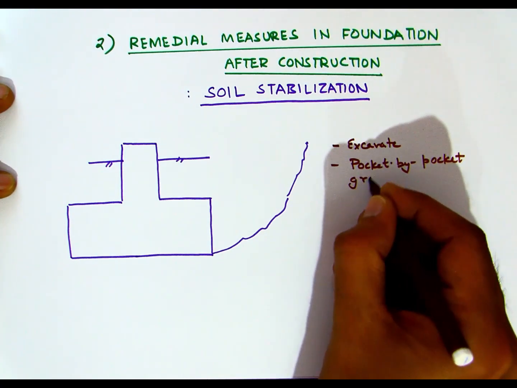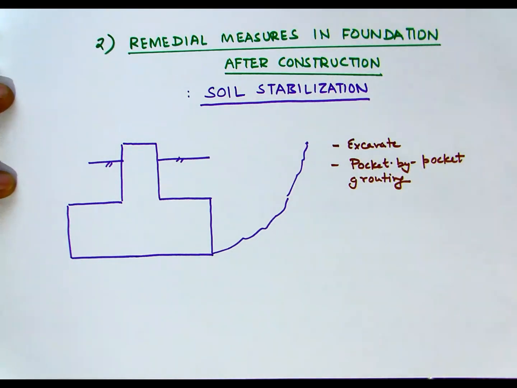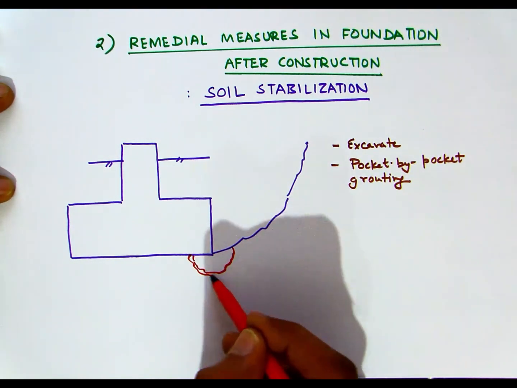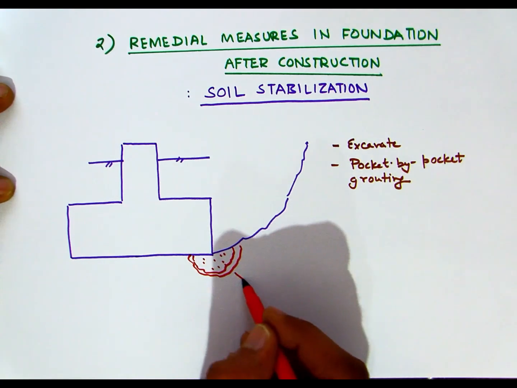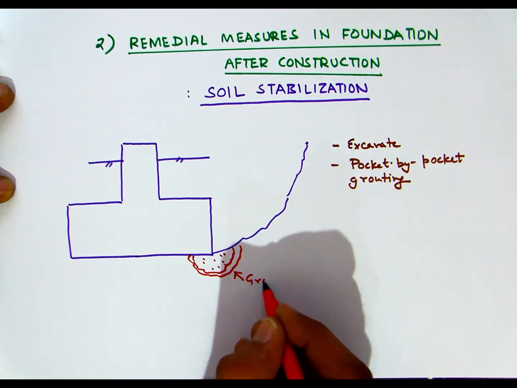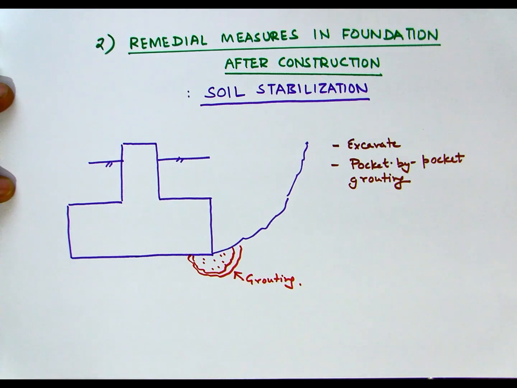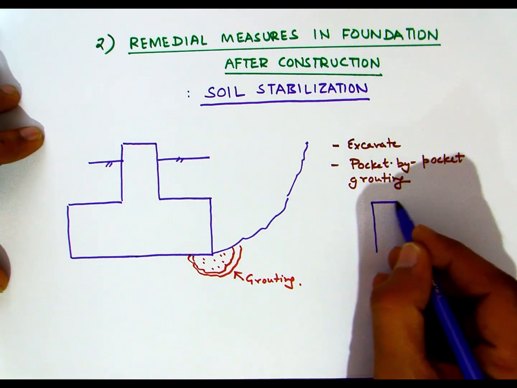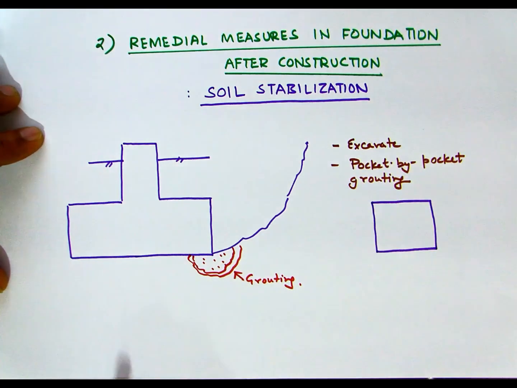So we begin with the corners, and these pockets are grouted. So like this, we just choose a corner of the footing and we do grouting in the soil underneath. So this reinforces the soil and increases the stiffness of the system. It's shown in the plan like this, that we begin with the 4 corners.